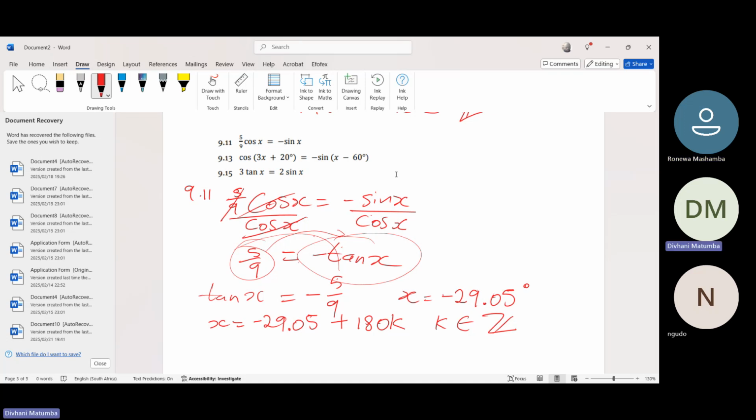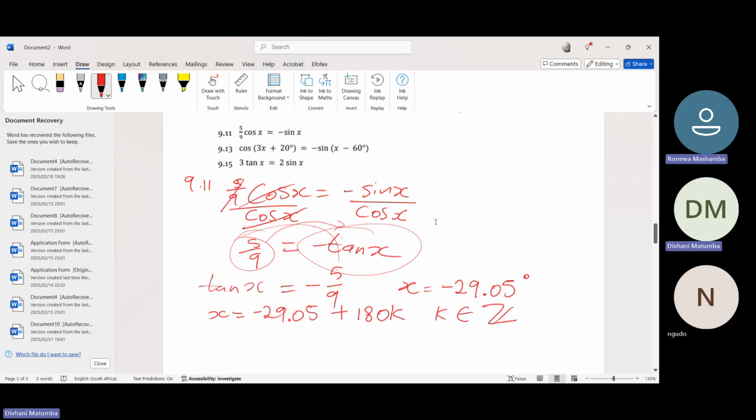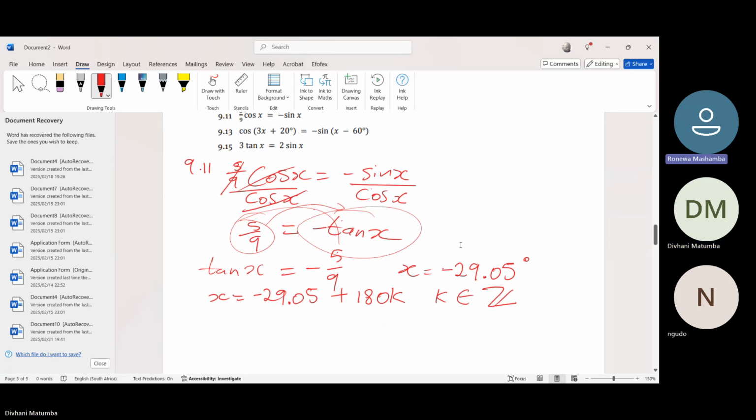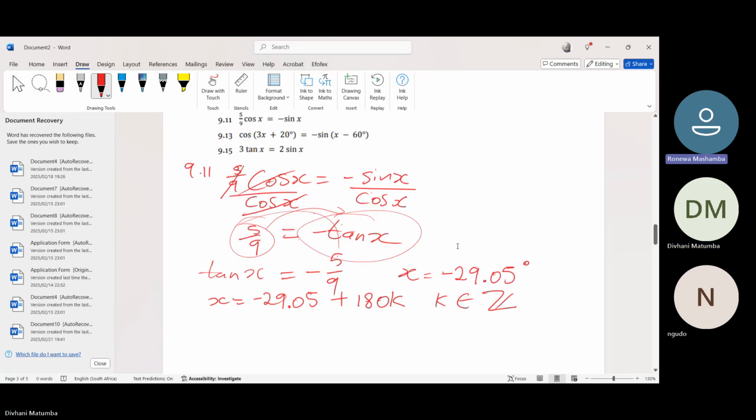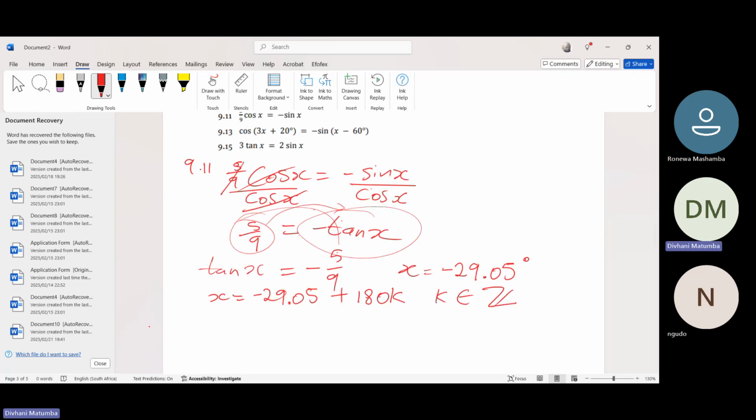So the sign is going to become positive on the other side. You said if we take the sign to the other side, and then equate it to 0, what would happen?